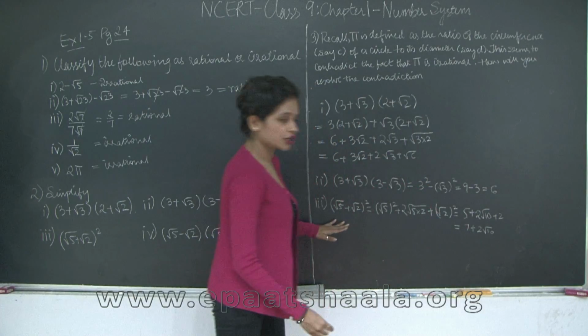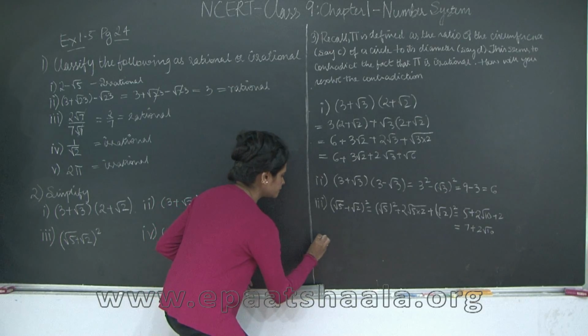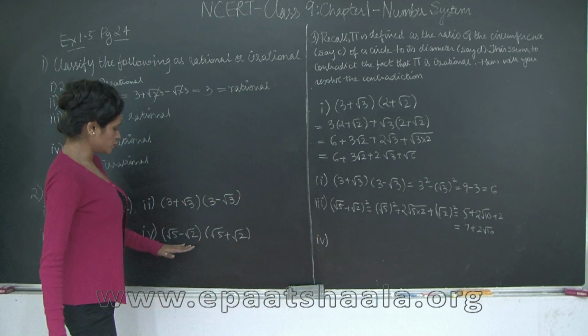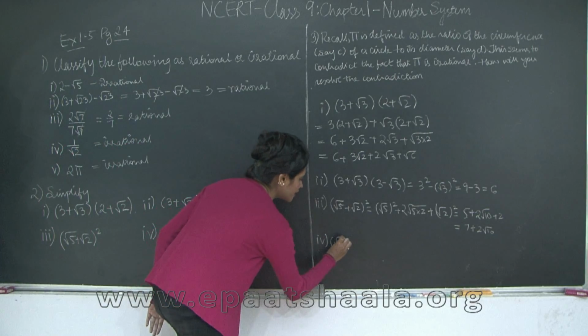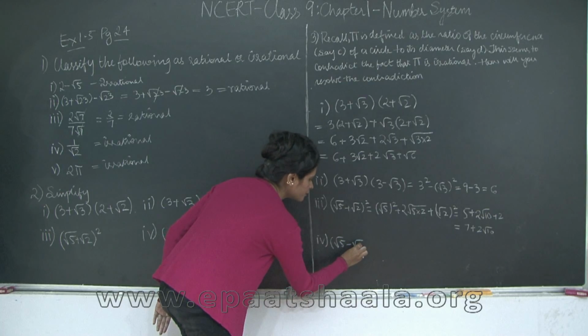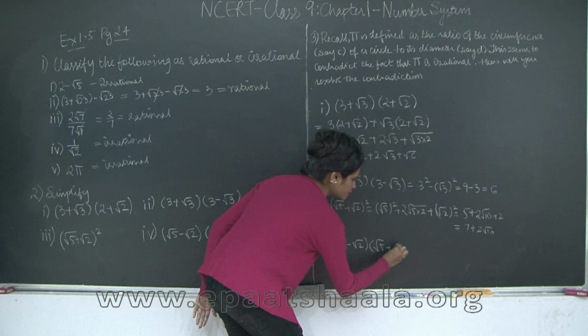So my answer to the third question is 7 plus 2 root 10. Let's take a look at the fourth one. I have root 5 minus root 2 and root 5 plus root 2. So root 5 minus root 2 into root 5 plus root 2.